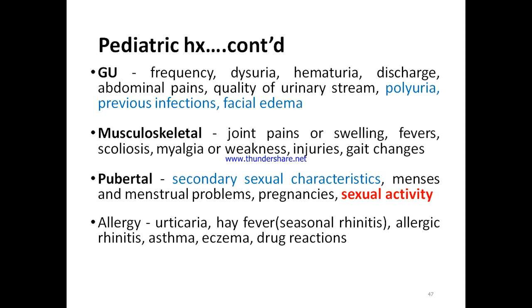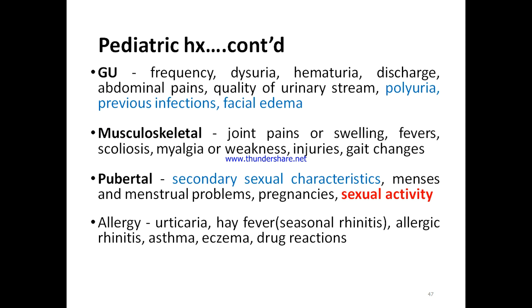Musculoskeletal system: joint pains or swelling, fevers, scoliosis or abnormal deviation of the spinal cord, weakness of muscles, joint pain, gait changes, special movement problems, and deformity of the skin and skeleton. It's important to assess the child's problem.